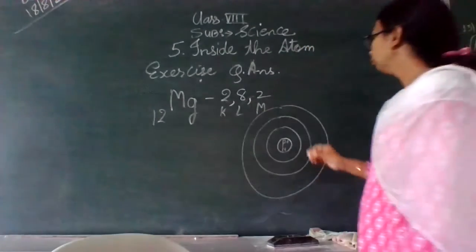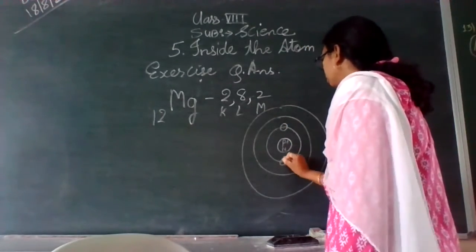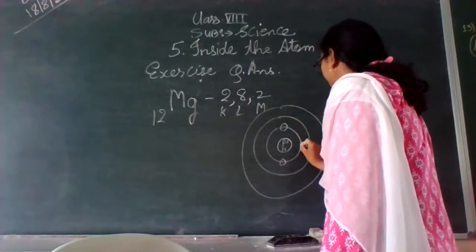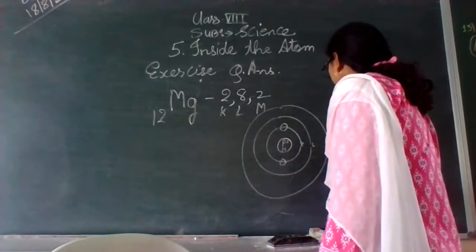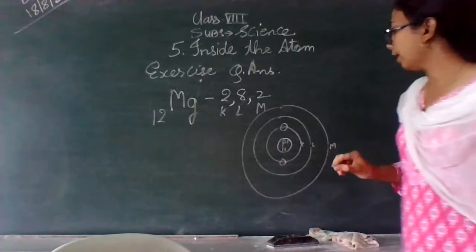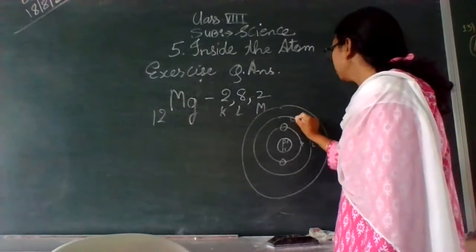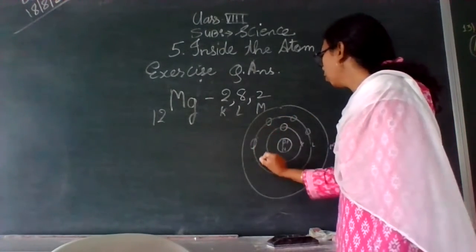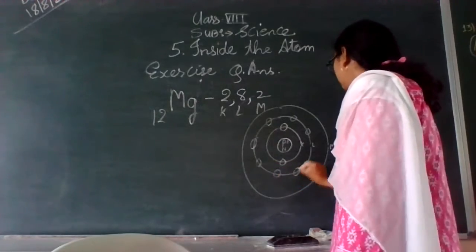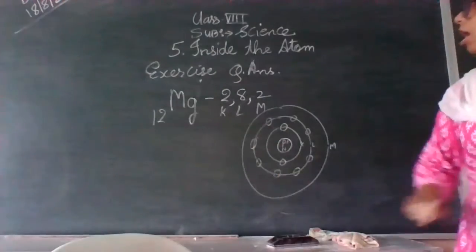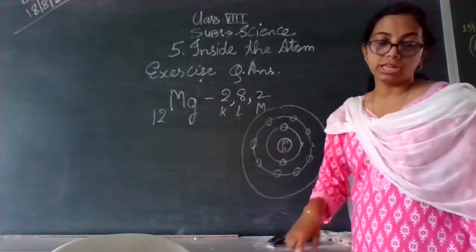Okay. Now, 2 electrons in the K shell. Then you can draw 8 electrons in the L shell: 1, 2, 3, 4, 5, 6, 7, 8 electrons accommodated in the L shell.